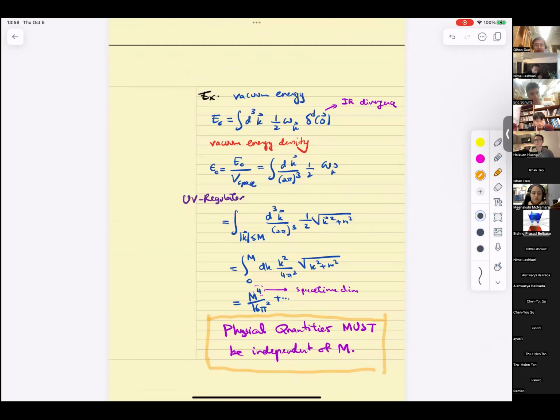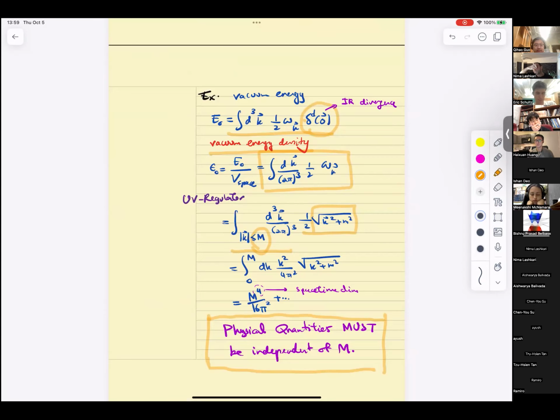So let's see how the cutoff will regulate the vacuum energy. So this is what the vacuum energy was. This is the IR divergence. We calculate vacuum energy density. This is what the expression is. So omega k for a massive particle is like this, square root of k squared plus m squared. This is your integral that I cut off at some maximum norm of spatial momentum k.